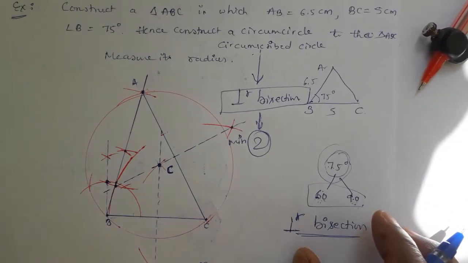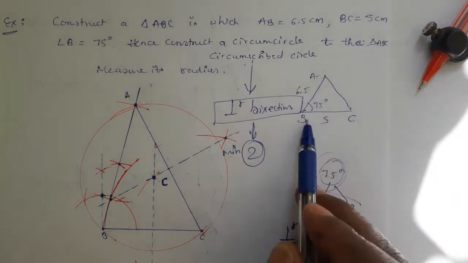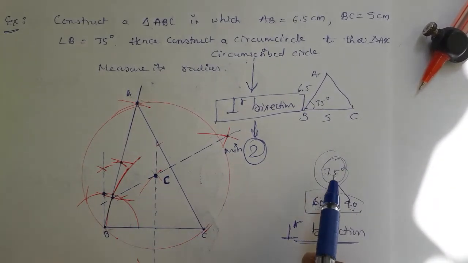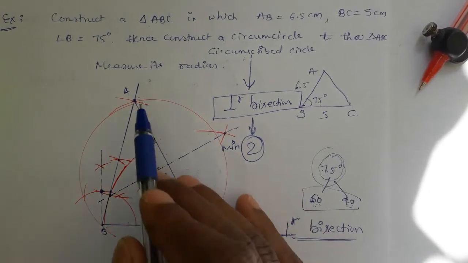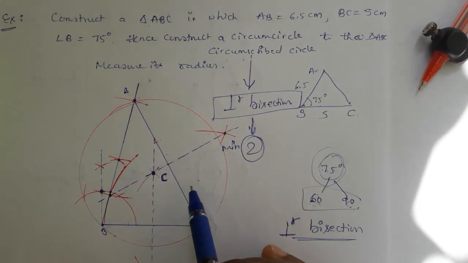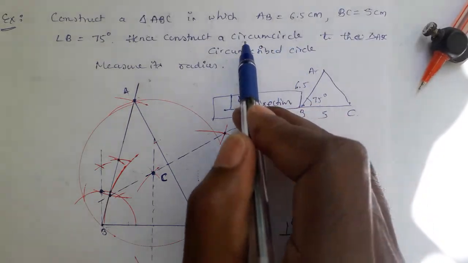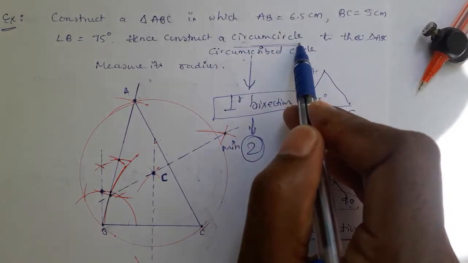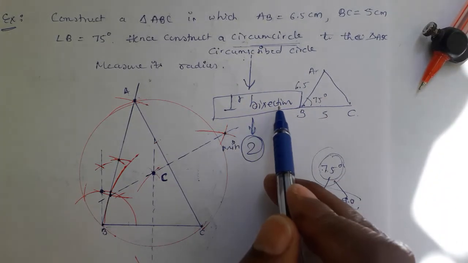Then our work finishes. Remember, I repeat once again: construct the triangle with given measurements. The angle construction of 75 degrees, 60 and 90 in between, that you know. Finally, once the triangle construction finishes, go to what type of circle I have to do, incircle or circumcircle. Once the circumcircle is finalized, for circumcircle always remember we follow the perpendicular bisection method.